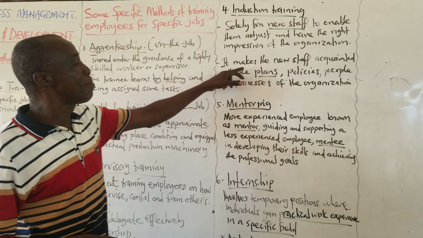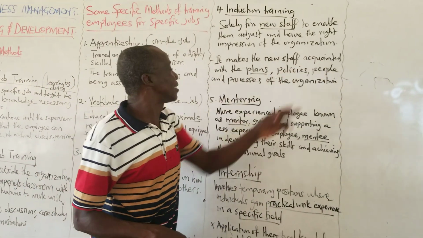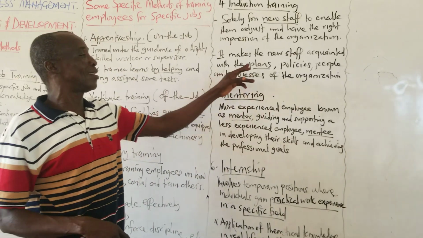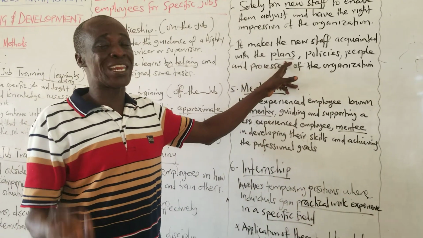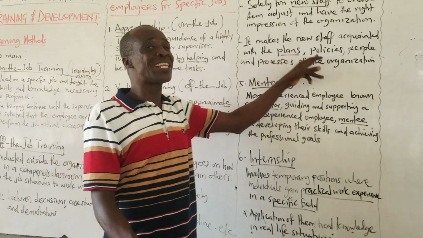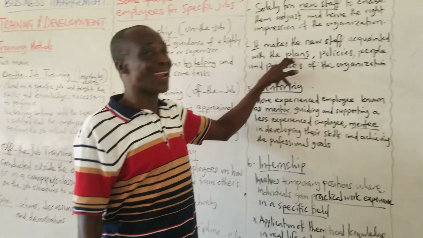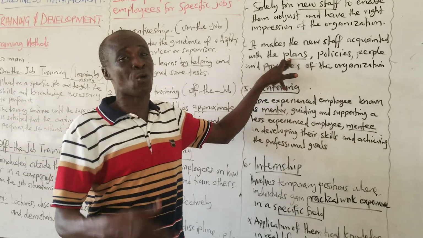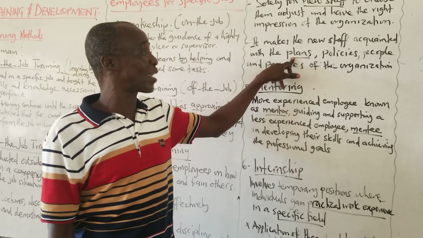So as I said, it makes the new staff acquainted with the plans of the organization. You become acquainted with the policies of the organization. When you say plans, you know what plans are: the courses of action to be pursued in order to achieve the objective of the organization.